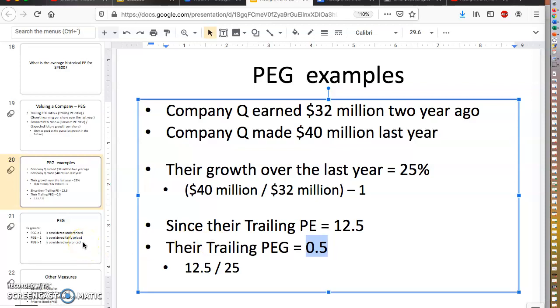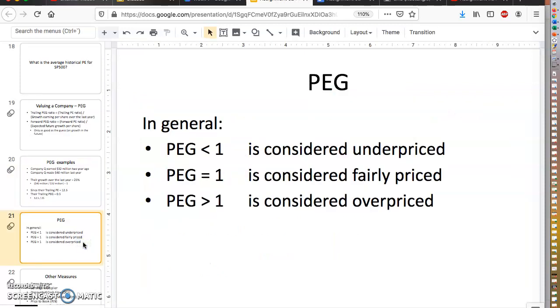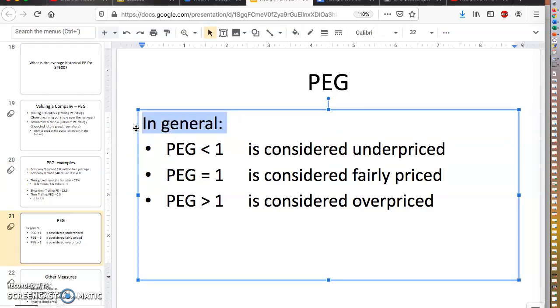So is that cheap or is that expensive? Well, the general rule that people use, and when I say general rule, this is what many people just say, okay, we have to say there's an answer, this is what the answer is. But it isn't like everybody exactly follows this. This is just a general rule. A PEG of 1 is considered to be fairly priced, anything lower than that is considered underpriced, and anything more than that is considered overpriced.